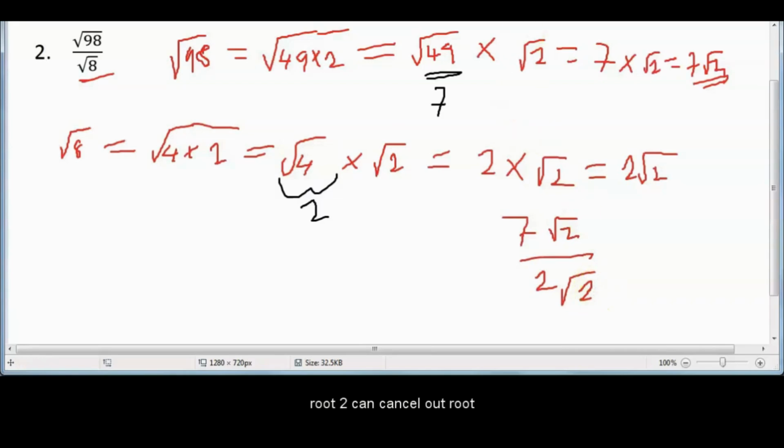Root 2 can cancel out root 2. Then we are left with 7 over 2.